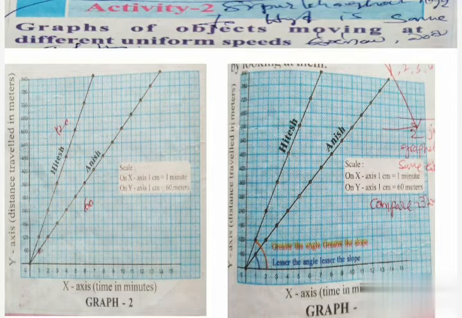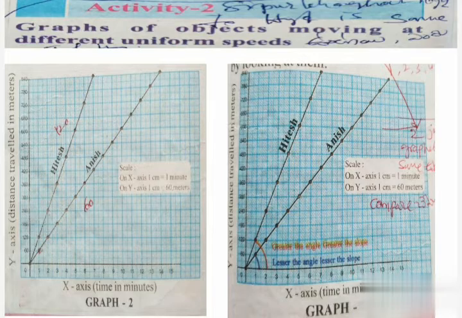Once you observe the Hitesh graph line, see where it is ending. On the x-axis he gave time in minutes. On the y-axis he gave distance travelled in meters.